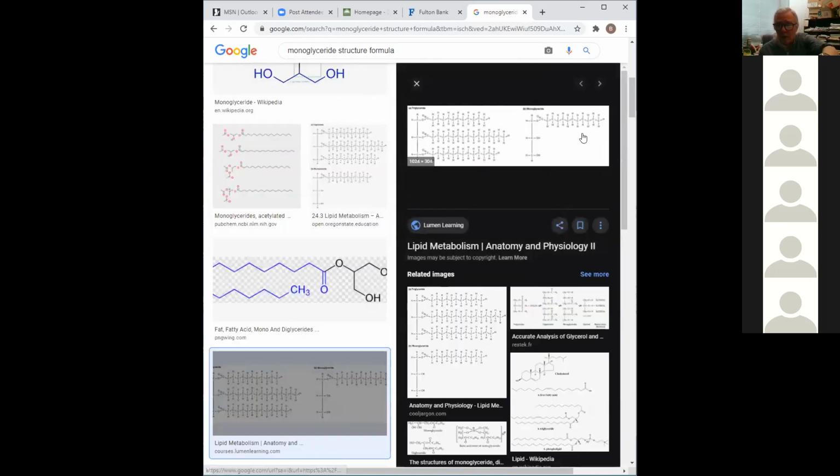On the right, it's a monoglyceride. It's a glycerol molecule with only 1 fatty acid. Then you take another fatty acid with another dehydration reaction and put another fatty acid on, diglyceride. And you've seen on food labels, mono and diglycerides. Lots of breads and things have mono and diglycerides. And then you put a third on at the left to make a triglyceride.